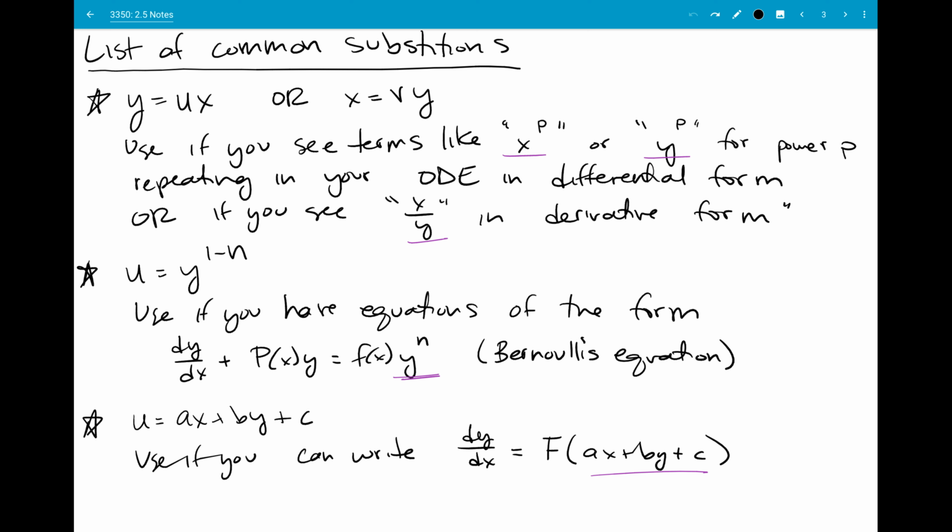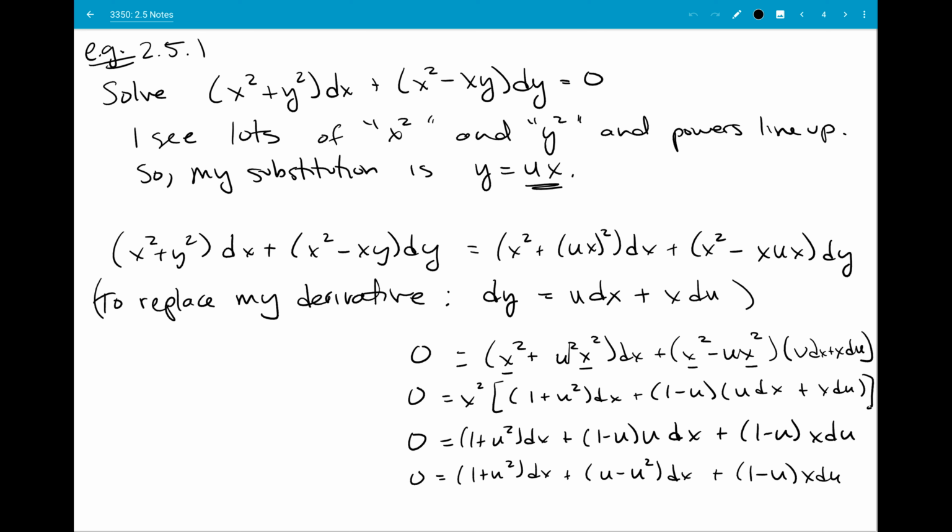Or x over y if you're already looking at dy dx on the left-hand side of your equation. There's also u is y to the 1 minus n, that's for Bernoulli's equation type problems. And then the linear combination u, for when you can write a function of that linear combination on the right-hand side of your differential equation.